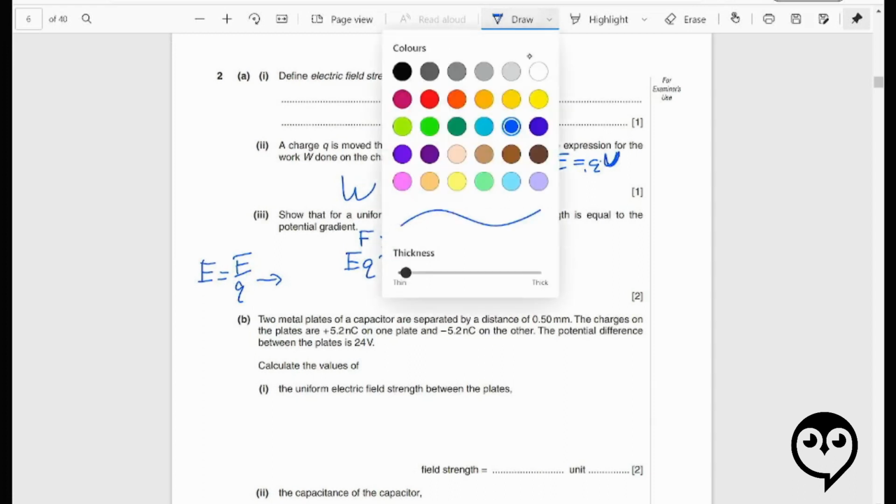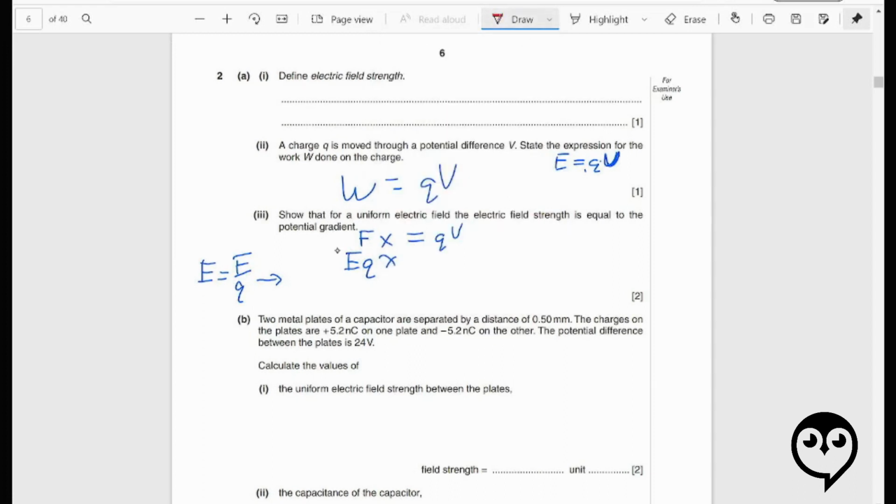Now, I like to tell my students about EQ. I call this the electric weight. Let me write it the other way, actually: QE. Just like we have a gravitational weight, a force of gravity, which is mass times gravitational field strength, and the weight is a special term we've given to the force of gravity acting on an object.